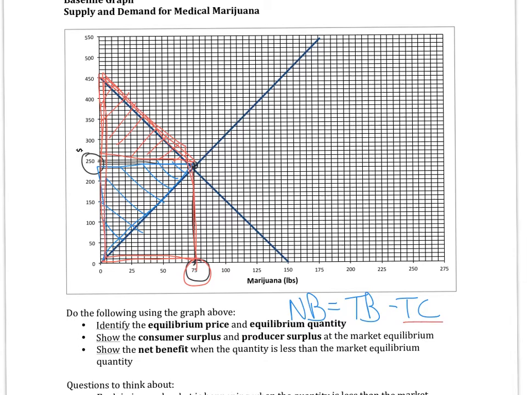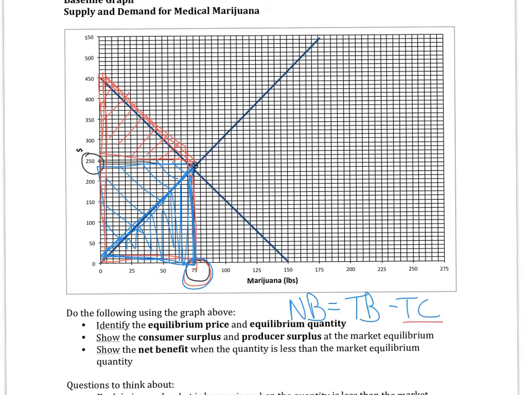Now, in terms of the total cost, we go back to our usual idea that total cost is represented by the area under the marginal cost curve. The marginal cost curve is also the supply curve. So what we have here is this triangle right here. The area under the marginal cost curve up to 75 pounds represents the total cost.